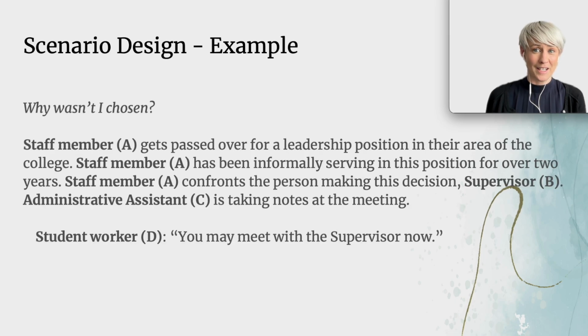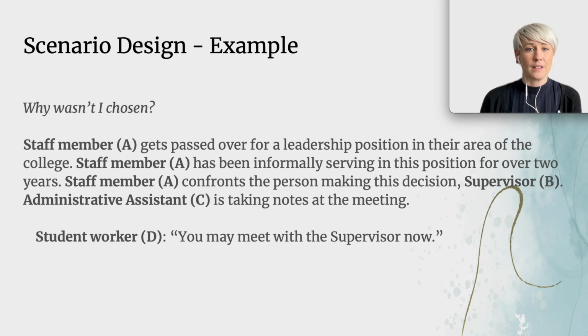So here I came up with the scenario, "Why wasn't I chosen?" Here we then have staff member A that gets passed over for a leadership position in their area of the college. Staff member A has been informally serving in this position already for over 2 years.